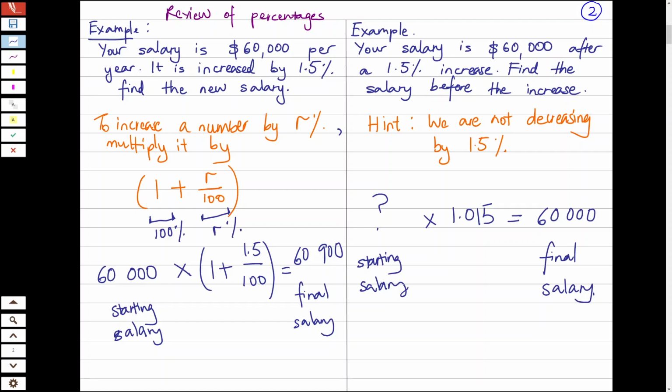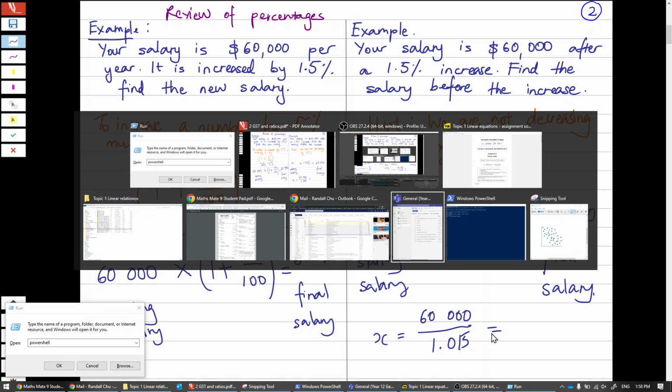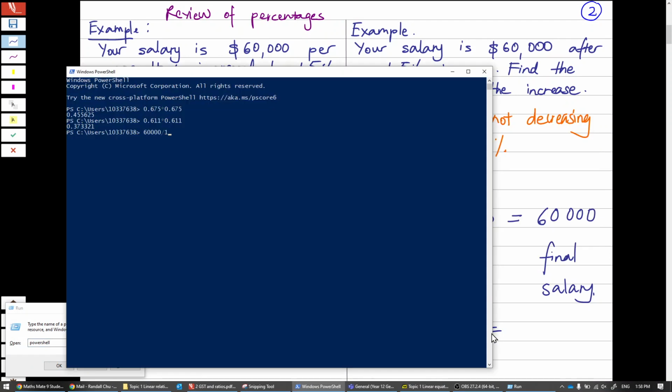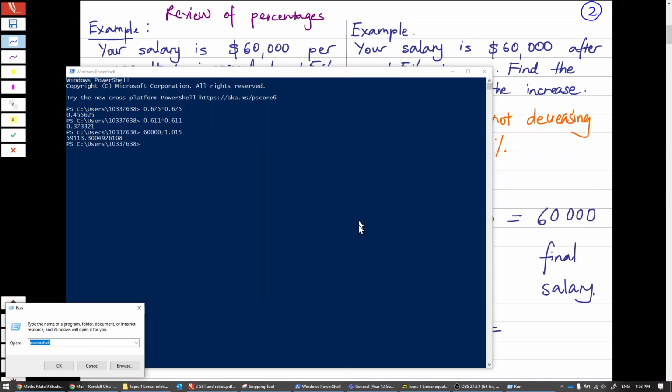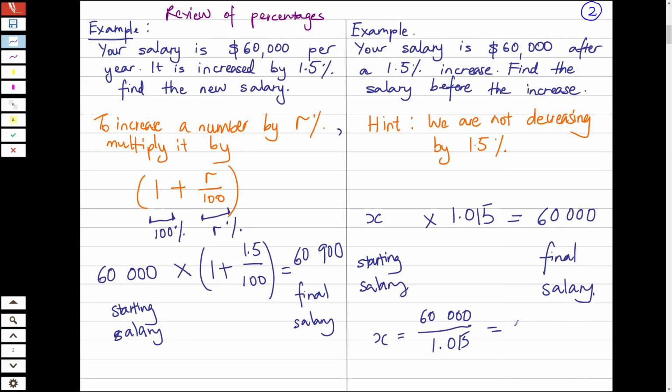So you can divide by 1.015. Maybe I'll just call this X. If you do that, you get 59,113. Notice it's not 59,100. It's not the same as subtracting $900.